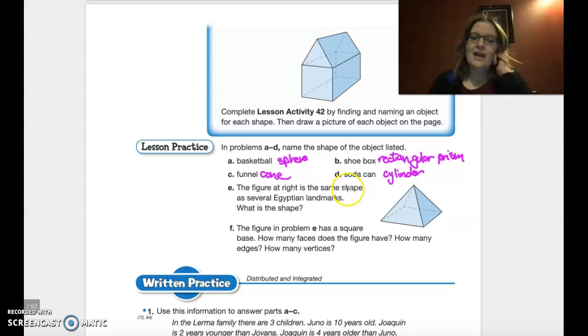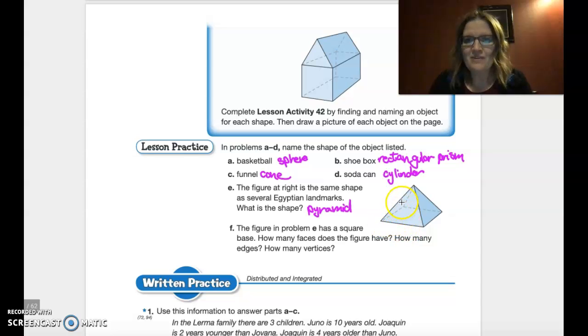Now, looking at this figure right here, which is an example of one of the famous pyramids of Egypt, we need to ask what this is, and I just said it. So this is a pyramid. And finally, they want to ask, how many faces does this figure have?